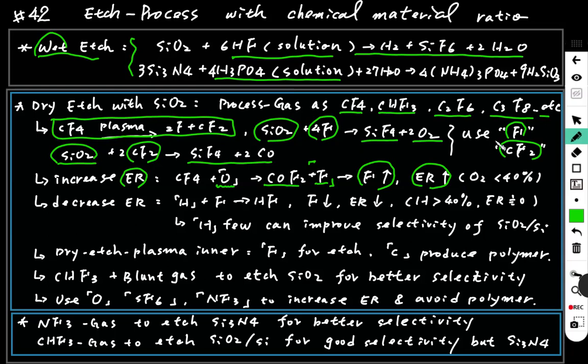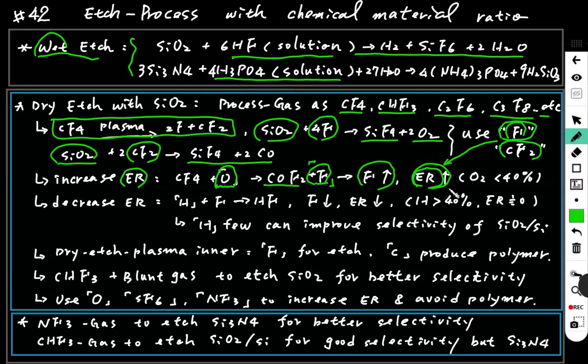According to this, F increasing, etch rate increasing. So we use O for increasing F, then increasing etch rate.